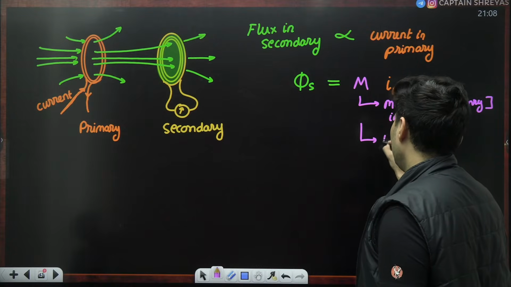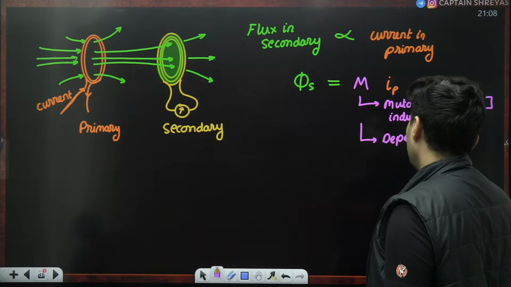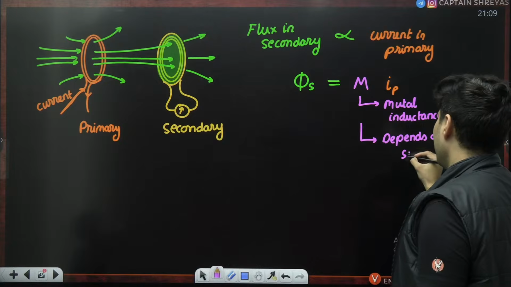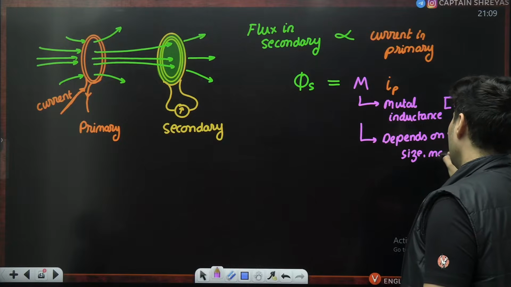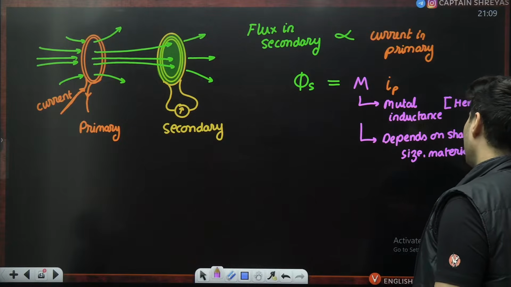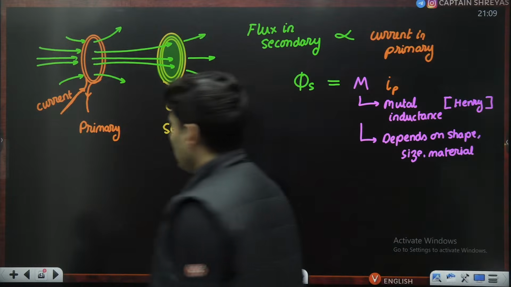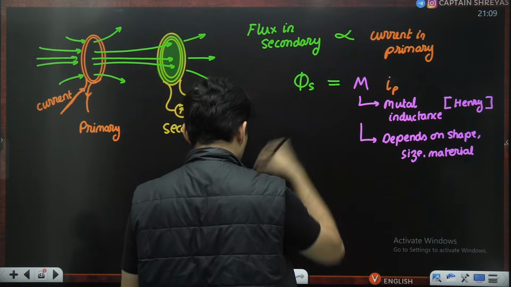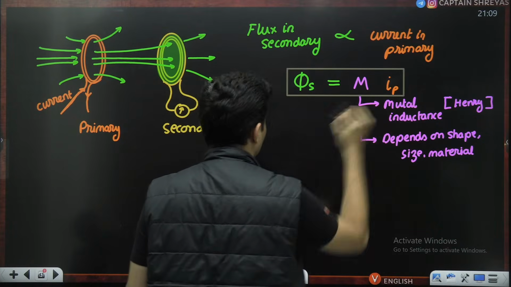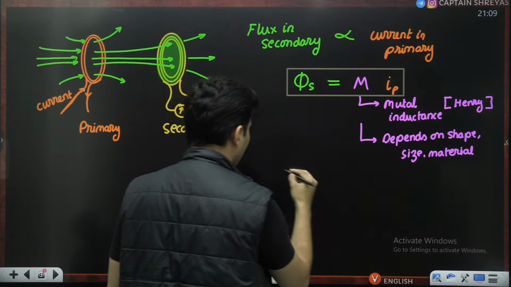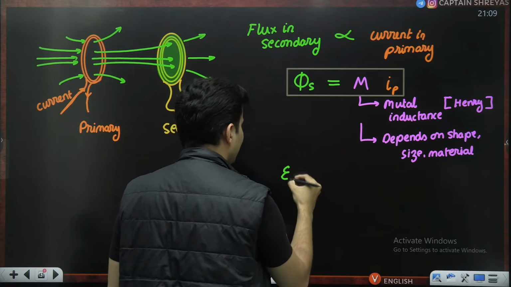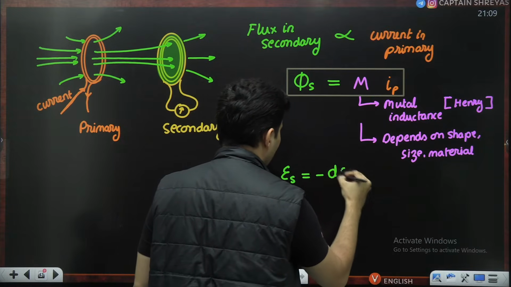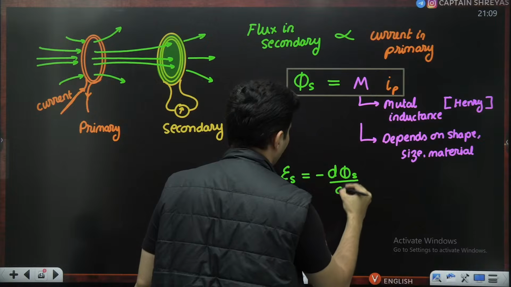It again depends on the shape, the size, the material which is present inside. So phi is M times IP. But remember, this is not of the same coil, this is of two different coils. If you again take the derivative of this, you get the EMF induced in the secondary, which is negative d phi in the secondary by dt.